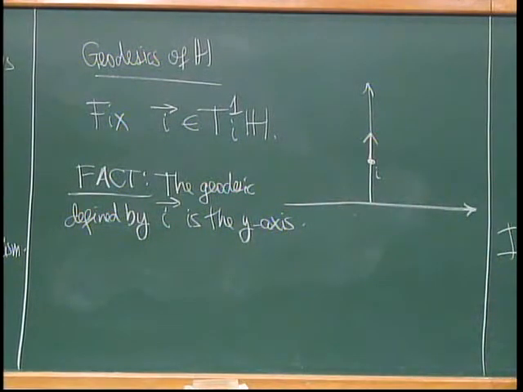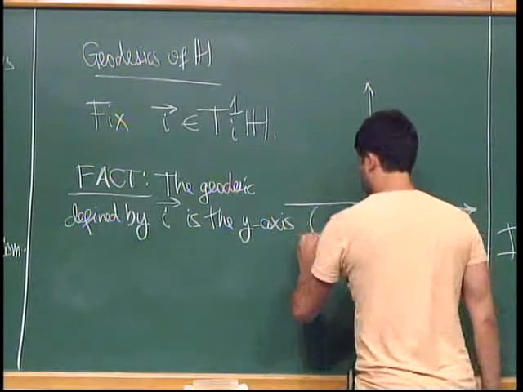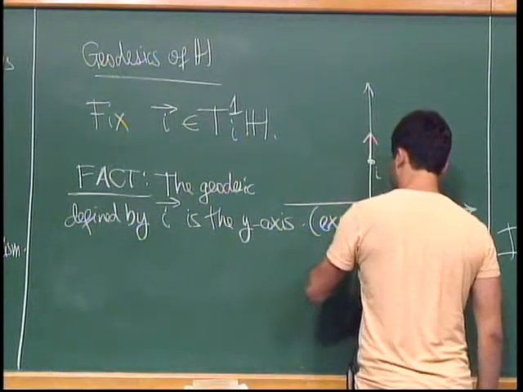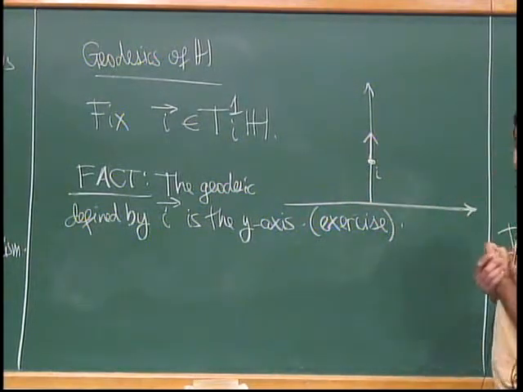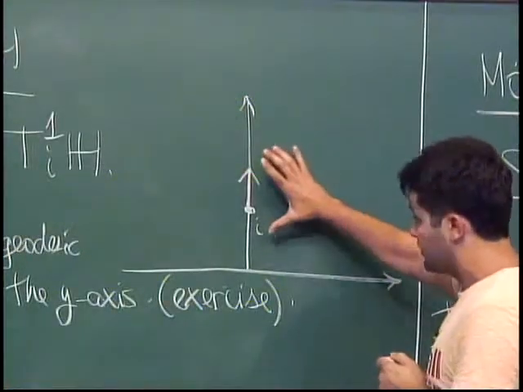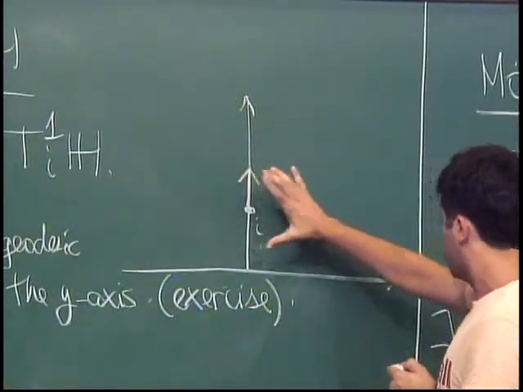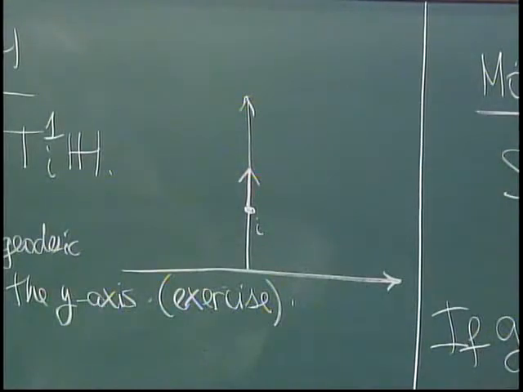Okay? So this is a fact. It is easily checked. I'm also going to leave it as an exercise. But what it allows us to get is that once you have this one geodesic, you can start applying the isometries of the space and getting other geodesics.